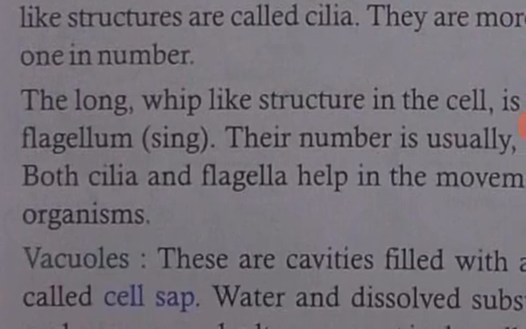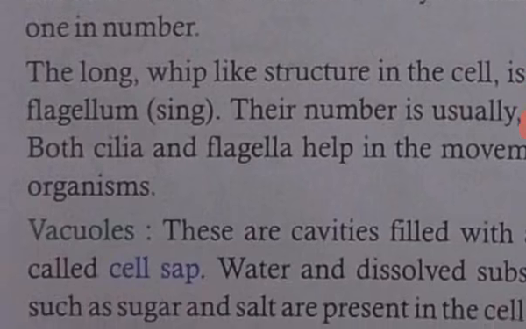The function of cilia and flagella is that they help in locomotion. In many animals, cilia create a current for obtaining food. In higher organisms, cilia are present in the respiratory tract and help in the transportation of gases.